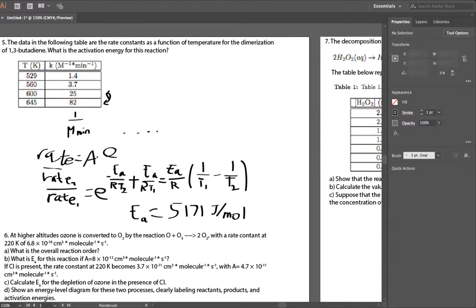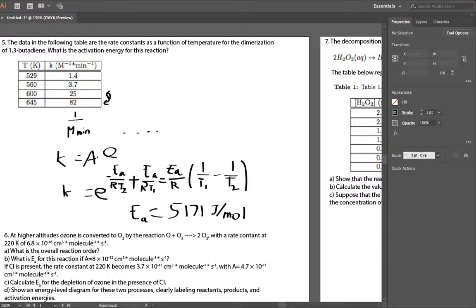Instead, it's K. So what that means is that it is just a constant. It doesn't mean rate, instead it actually means constant. So what I just calculated was the ratio between constants.